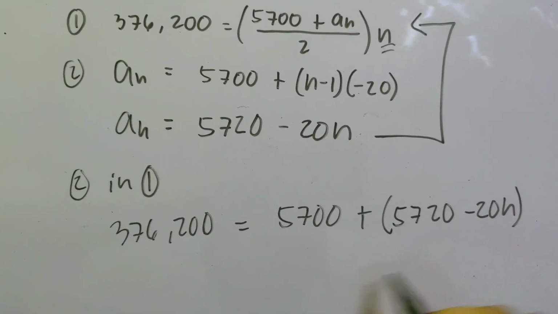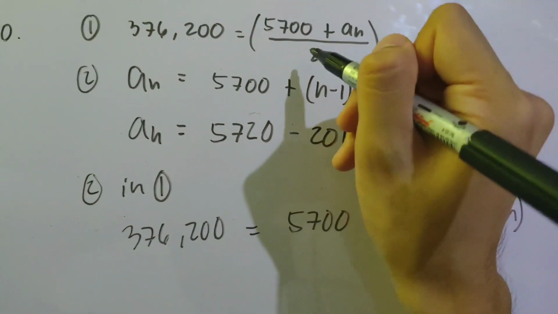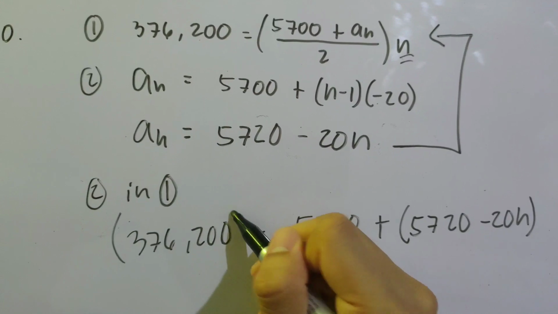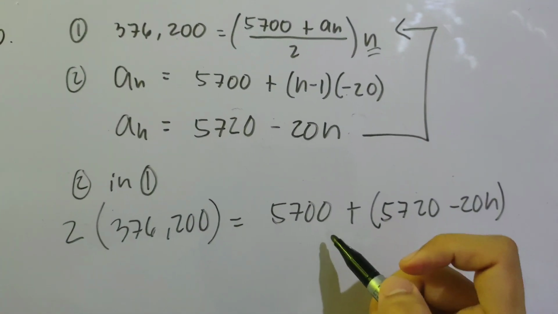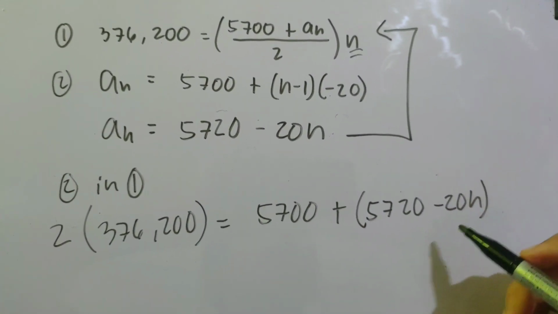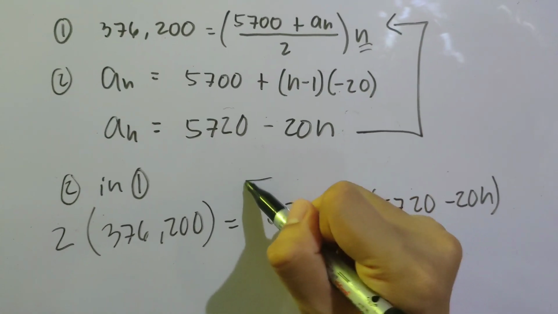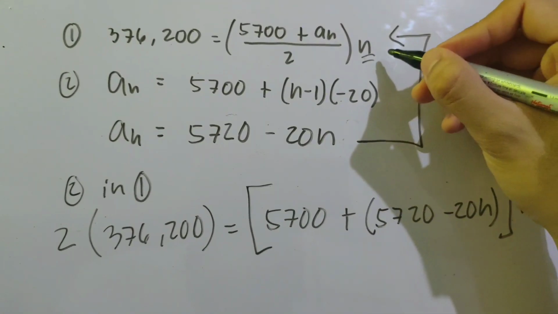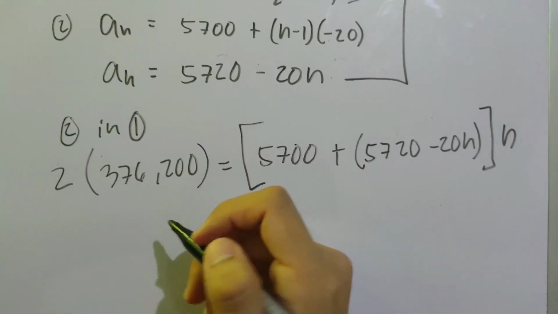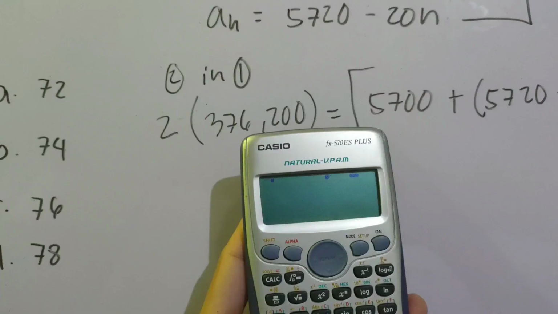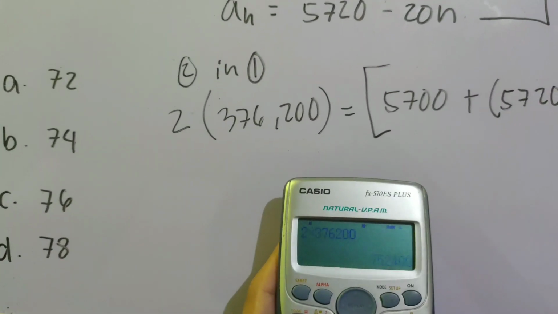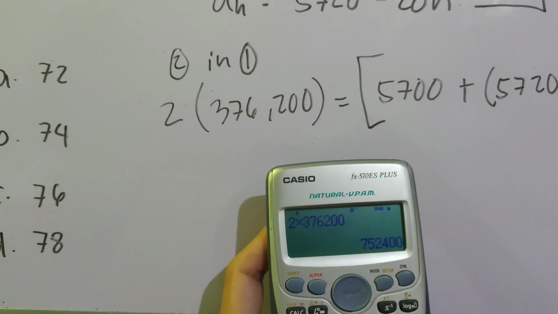Itong 2, ilipat na natin sa kabila para hindi tayo malito. I-multiply natin yung 2 dun sa 376,200 para wala na tayong denominator dito. Tapos itong quantity na to, i-multiply natin ng n. So simplify natin. Ito magiging 2 times 376,200, which is 752,400.